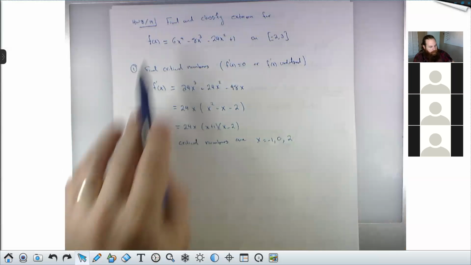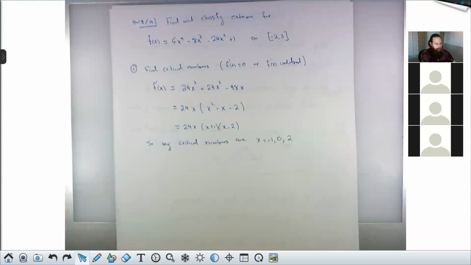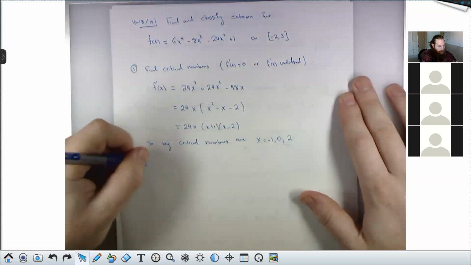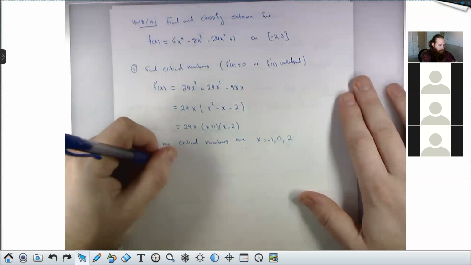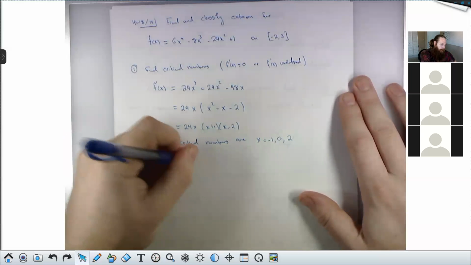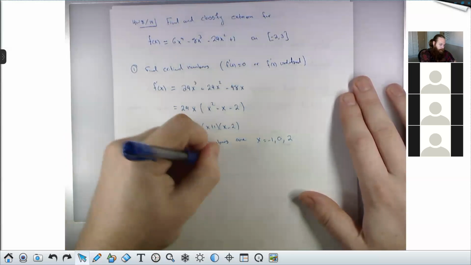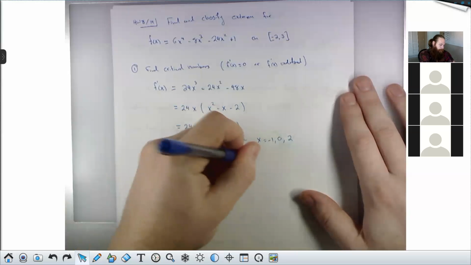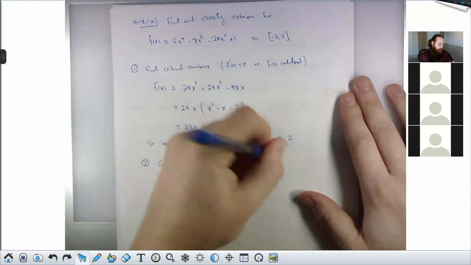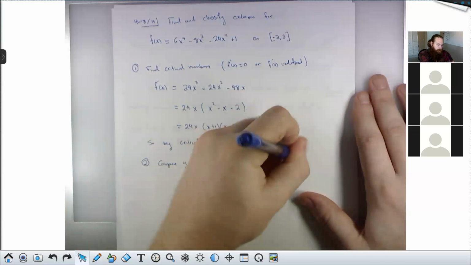Now, if I'm just looking for the absolute extrema, remember my second step here is to compare the y values at the critical numbers and endpoints.